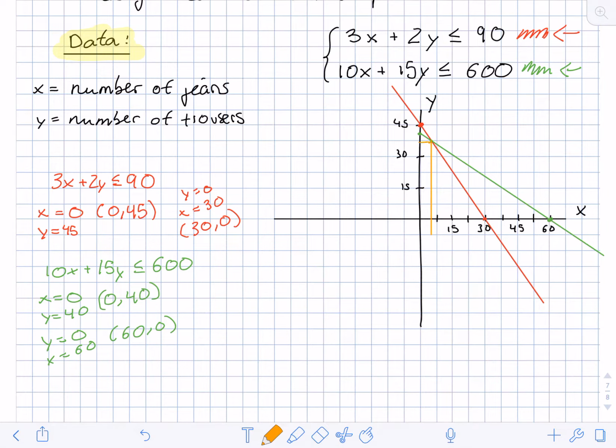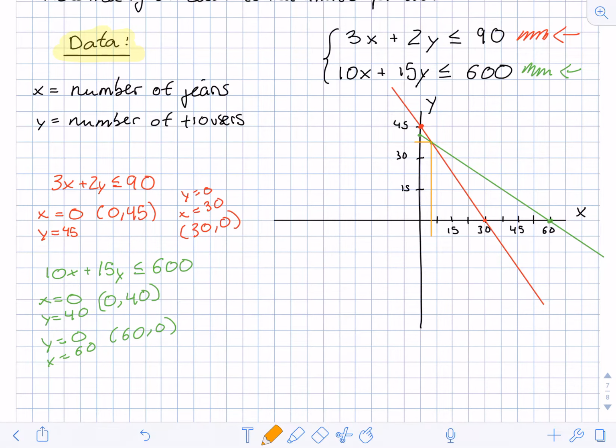If we bring it here, we're going to get 30, that's going to be 38, and this one is going to be more or less 1, 2, 3, this is going to be 5, more or less. This is why it's not the best accurate method to do it. So the y value is going to be 38, and the x value is going to be 5.